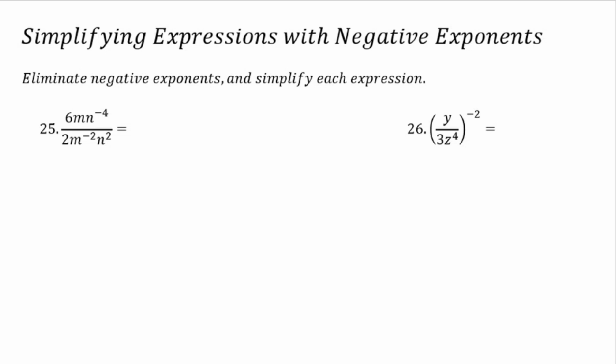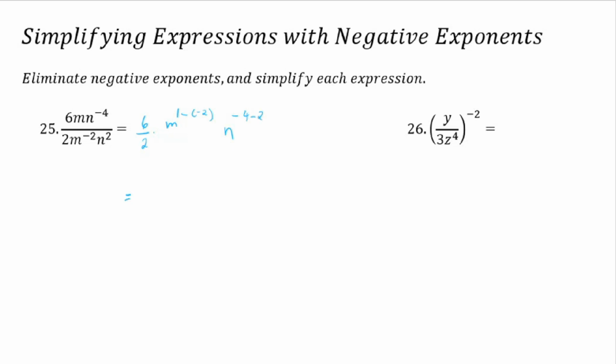So we have 6 divided by 2 times m. Now the exponent here is 1, so write 1, and then m here is negative 2, so I'm going to subtract minus negative 2, and in terms of n, I have n of negative 4 minus, the exponent here is 2, therefore negative 4 minus 2.